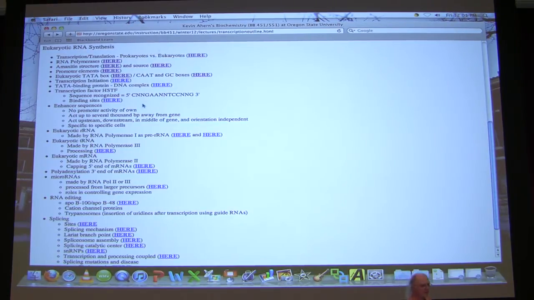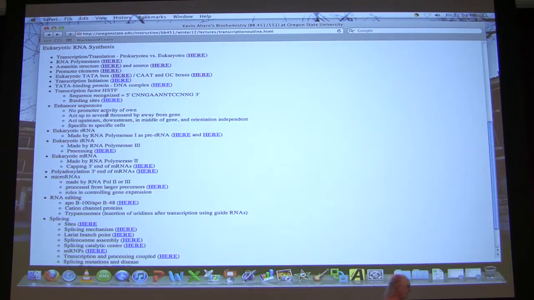Another thing that pops up in eukaryotes is something called enhancer sequences. I'm going to jump ahead to that at the moment and say a word about that before I say something about transcription initiation. Enhancer sequences, or enhancer sequence elements, which would be the same thing, are sequences that affect transcription in eukaryotes, but they have a very, very different character than any kind of sequences we see in prokaryotes.